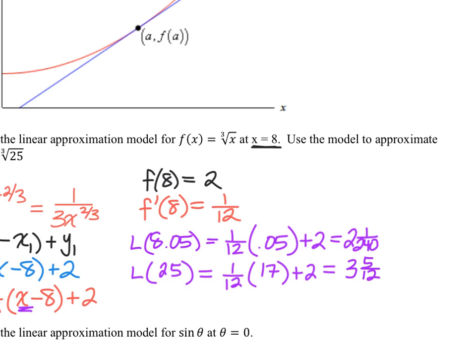I think. All right, so 3 and 5/12 is what the cube root of 25 approximates to using this approach. The calculator tells us it's about 2.92. We just got a little bit less than 3.5. So definitely lose some accuracy as you move further and further away.